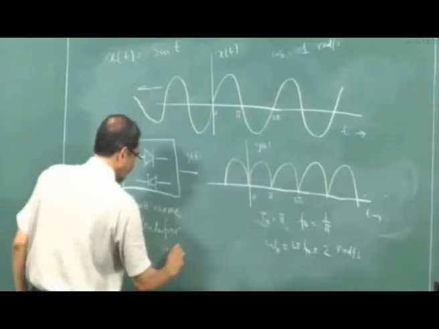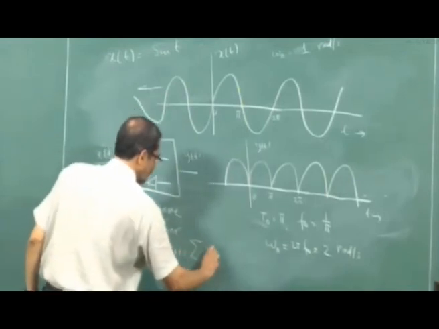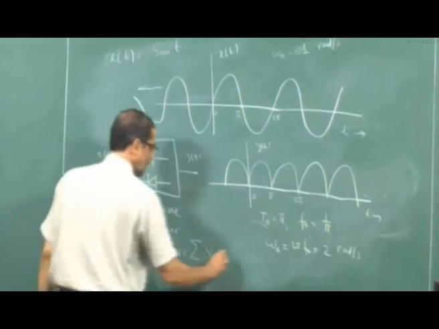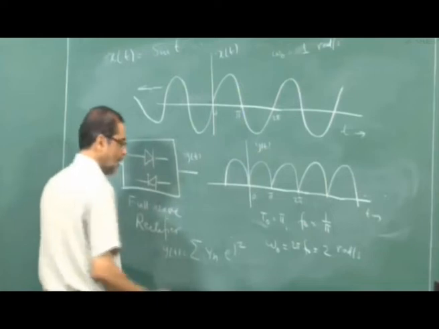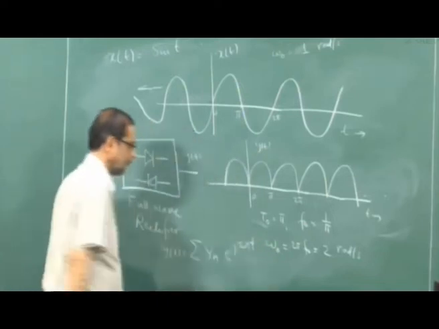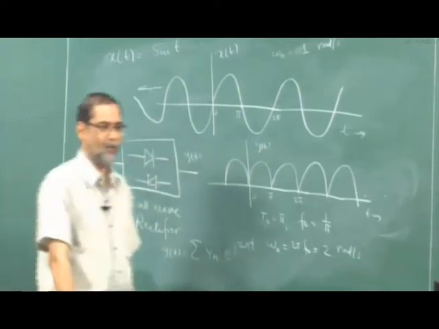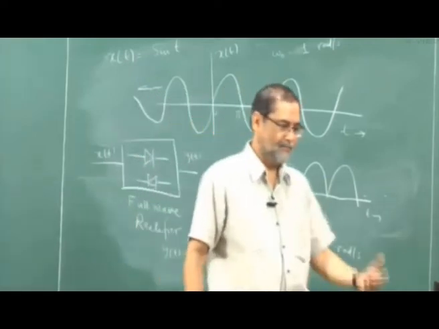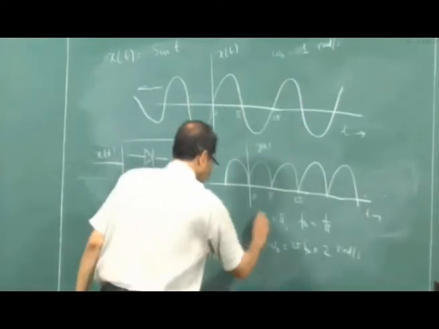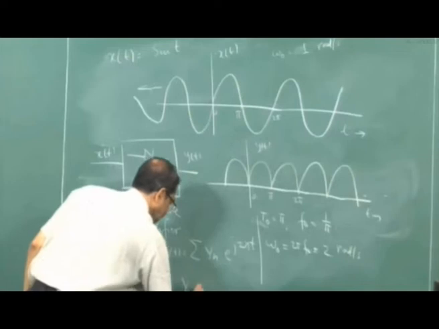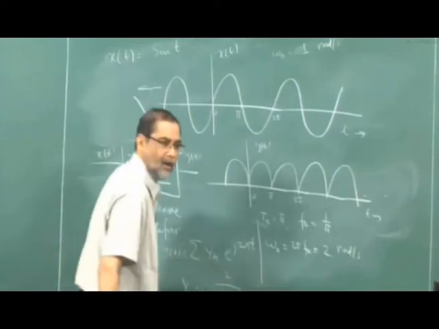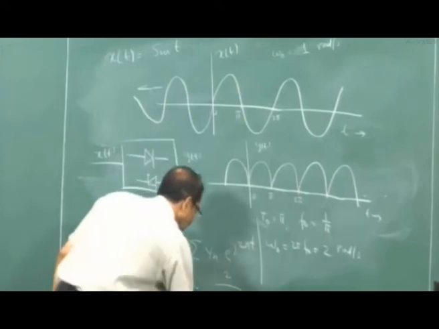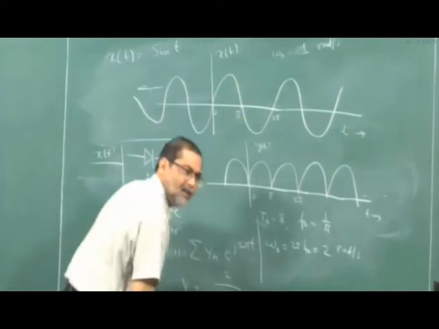So y of t can be written as Fourier series coefficient Yn e to the power of j n omega naught t, with omega naught being 2. So I can compute Yn. You can show that Yn is given by 2 by pi times (1 minus 4n squared).